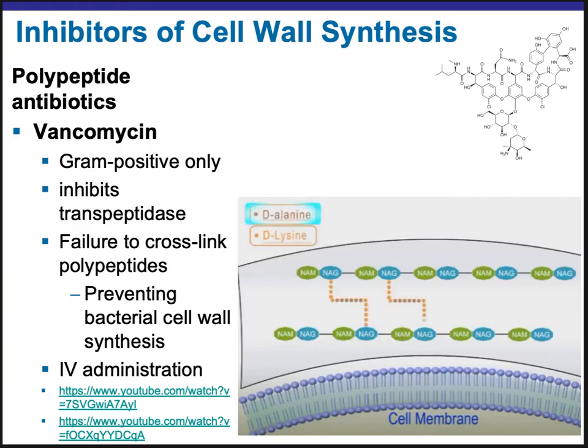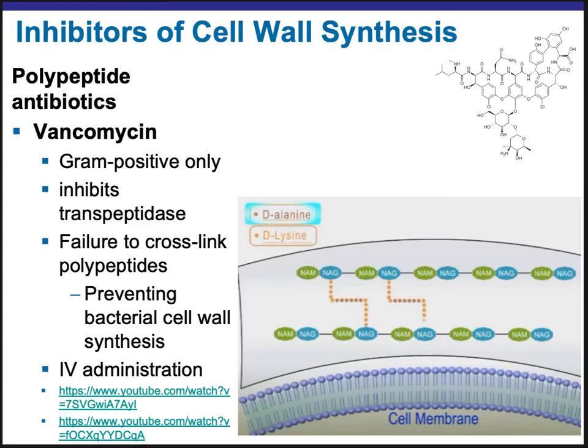And so there are two caveats with that. If someone has an infection of their intestines, such as C. diff, then this would be a really good drug to give them orally because it will stay in the intestines and take care of the infection, right?